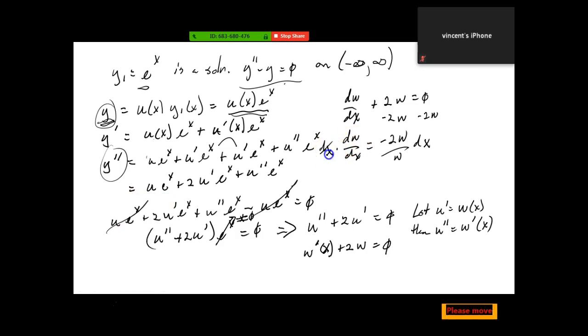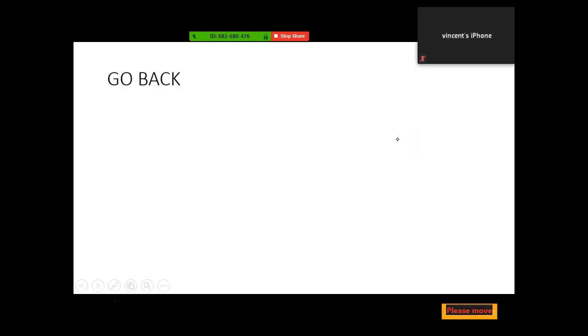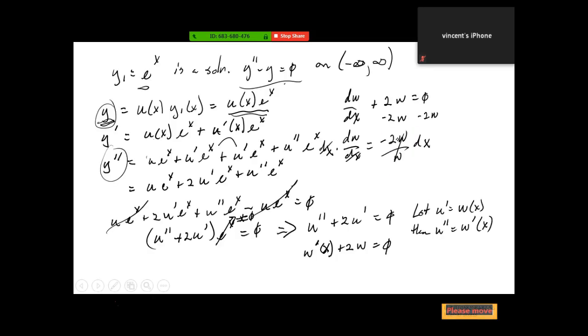So these go out, and these go out. Oh, we didn't divide this by w. So we have dw over w is equal to minus 2 dx. Well, I can integrate that.